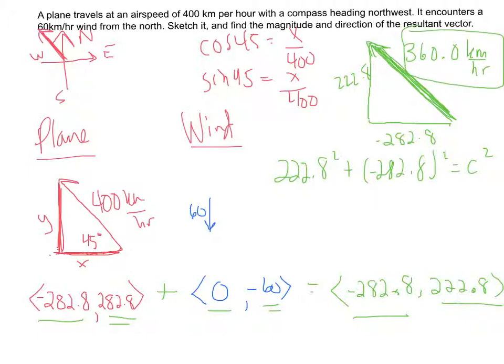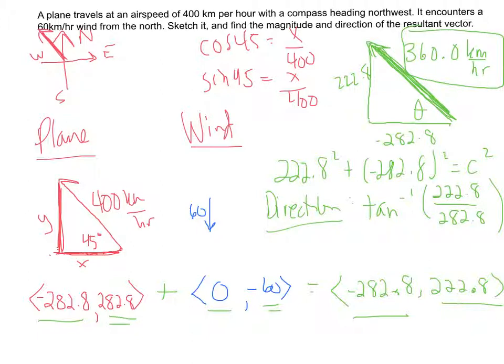So our magnitude is 360.0 kilometers per hour, and for our direction, we're going to find this angle, so I'm going to do tangent inverse of 222.8 over 282.8.